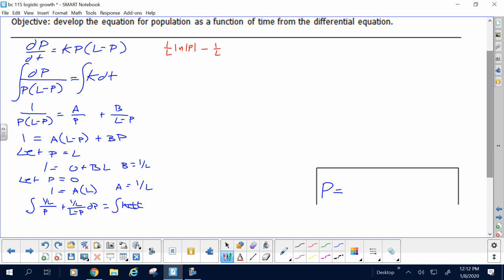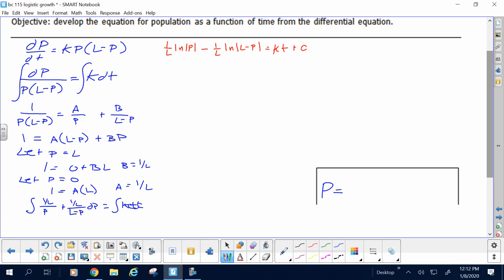Yes. It's L minus P, the du would be negative dP, so there's a negative. So it's negative 1 over L, natural log of the absolute value of L minus P. Just like all these, we could put a C on either side, but it's best to put the C on the less complicated side, so we'll put the C on the right side.